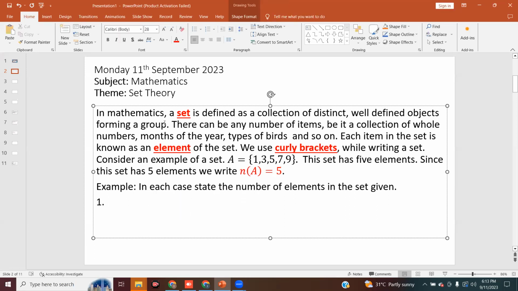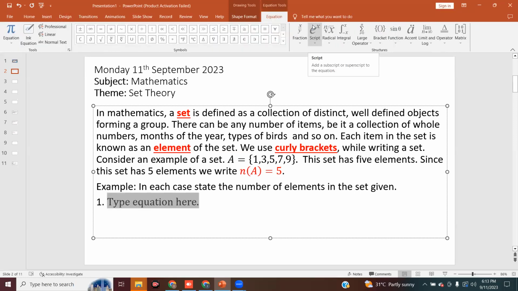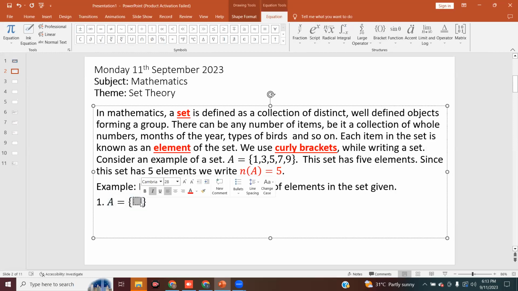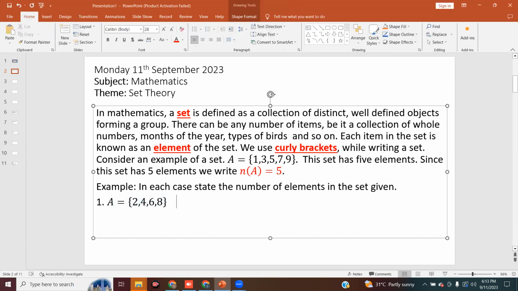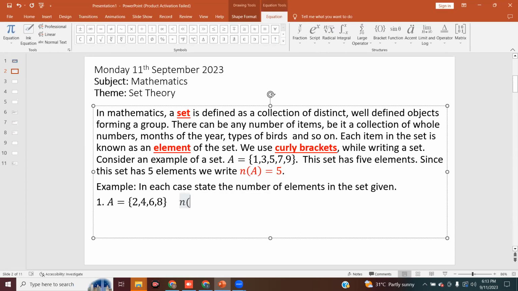Let's say I have set A equal to, in curly brackets, the set of even numbers: 2, 4, 6, and 8. My question is, for anyone who can answer, what is the number of elements in A? 4. Very good.